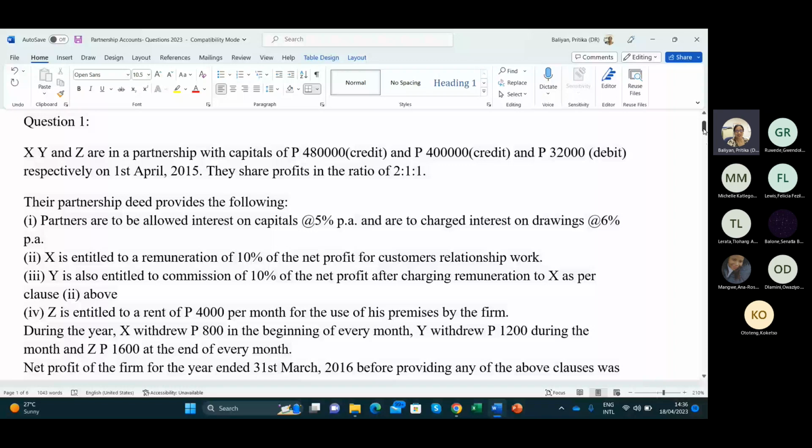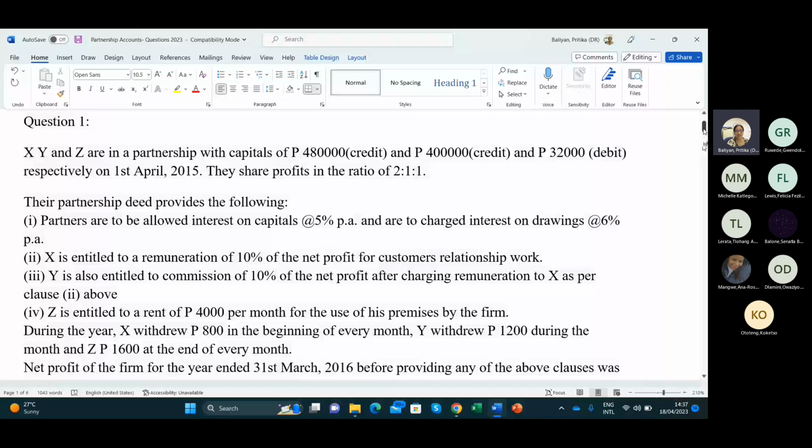So in the absence of any additional information, Z is entitled to the rent. We can also pay the rent here to Z, but there are two methods.